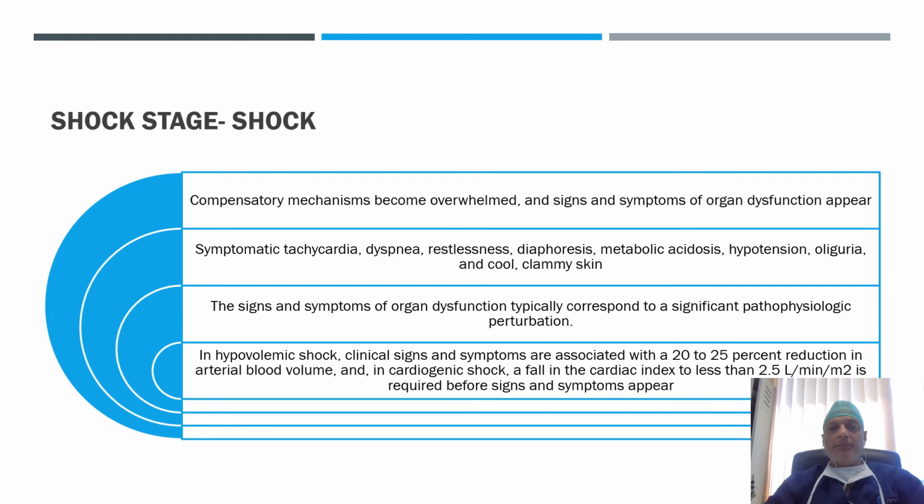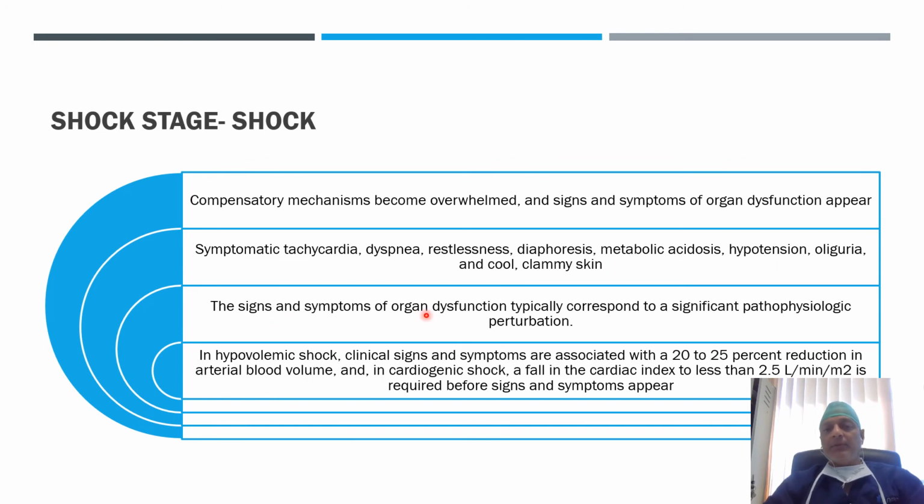In this continuum, the second stage is the shock stage, and it occurs when the compensatory mechanisms become overwhelmed and signs and symptoms of organ dysfunction appear. These include symptomatic tachycardia, dyspnea, restlessness, diaphoresis, metabolic acidosis, hypotension, oliguria, and cool clammy skin.